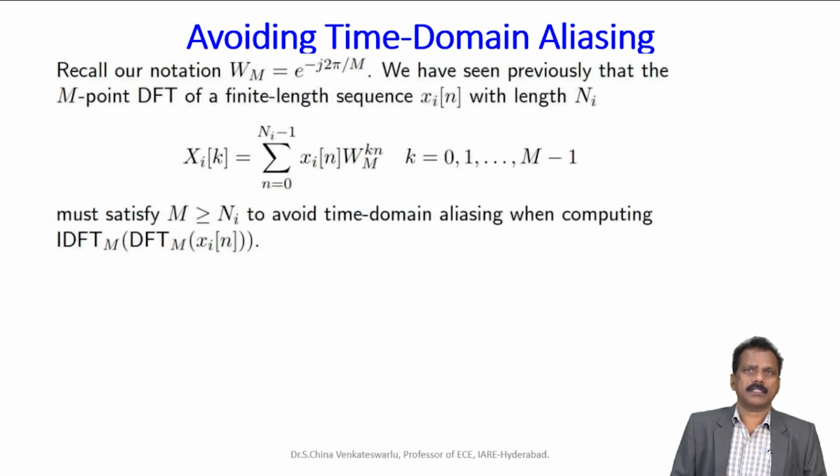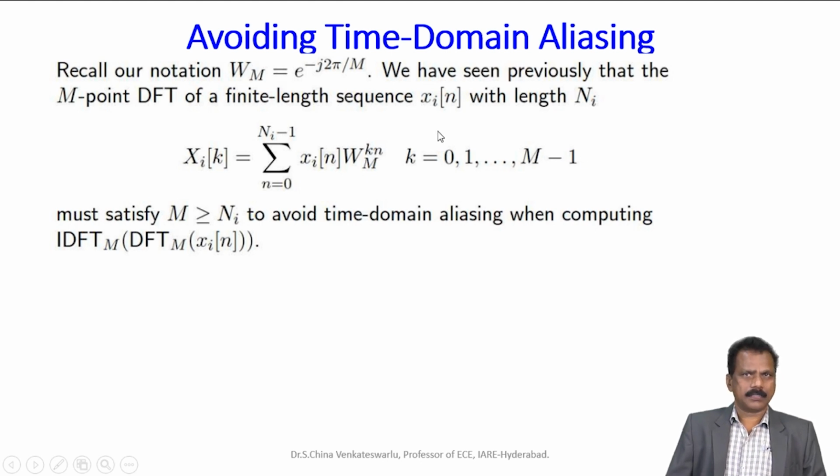Here recall our notation that W_M is equal to e power minus j 2 pi by capital M. We have seen previously the M-point DFT. If M-point DFT of the finite length sequence xi of n with length Li, then Xi of k is equal to the summation n is equal to 0 to Li minus 1 of xi of n into the twiddle factor W_M power nk, where k is equal to 0, 1, 2, 3, 4 and so on up to M minus 1.